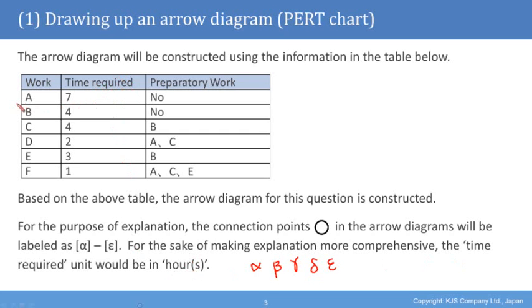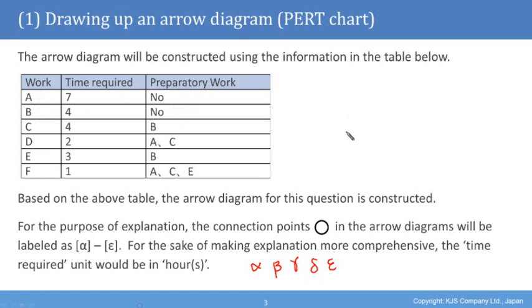Now, let's quickly have a look first of all at some of the points in this table. If you look at works A and B, we'll quickly notice that they have no preparatory requirements. In other words, they'll be a great place to start building our arrow diagrams.